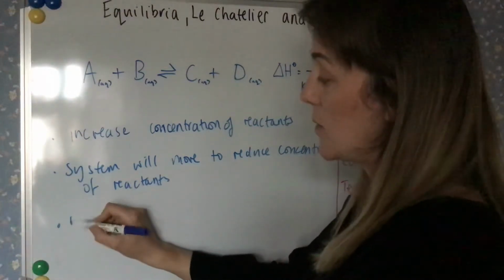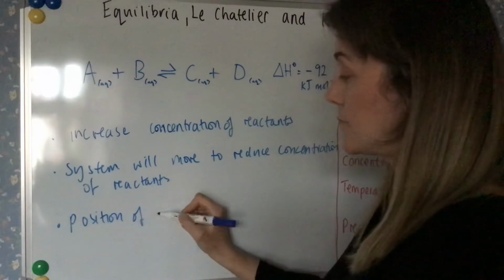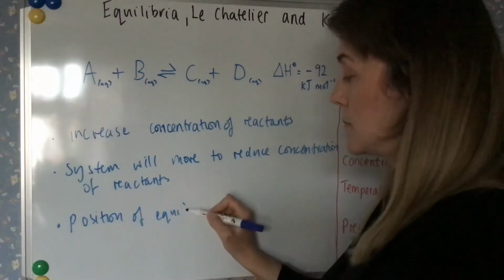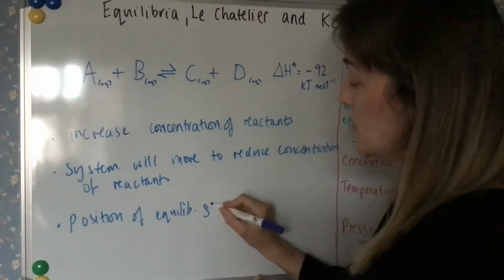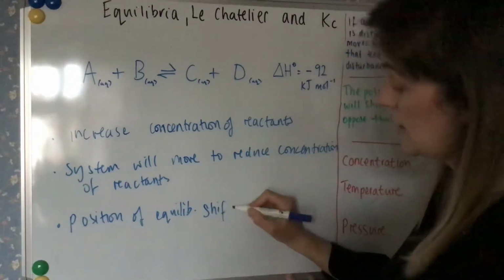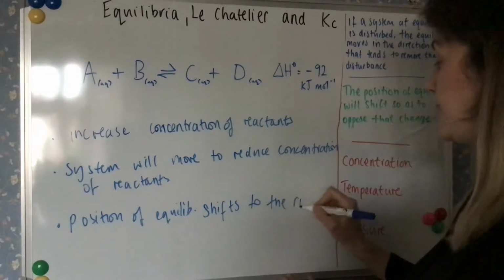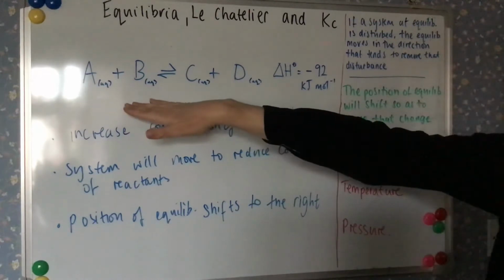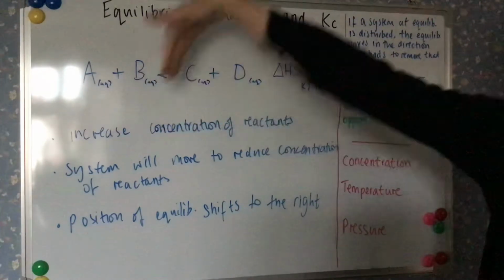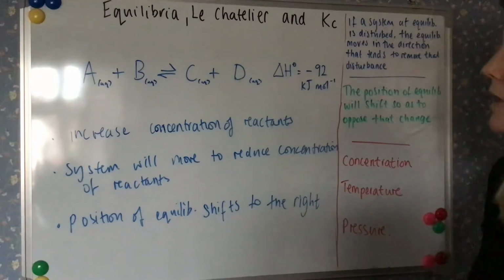So the position of equilibrium shifts to the right. So you increase the concentration of the reactants, the position of equilibrium is going to shift to the right to make more products. Okay?